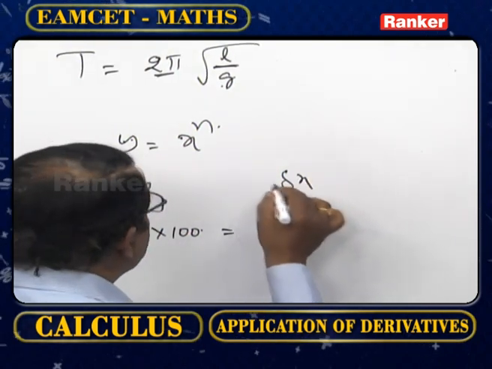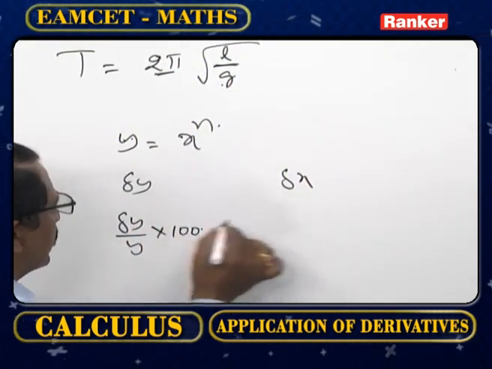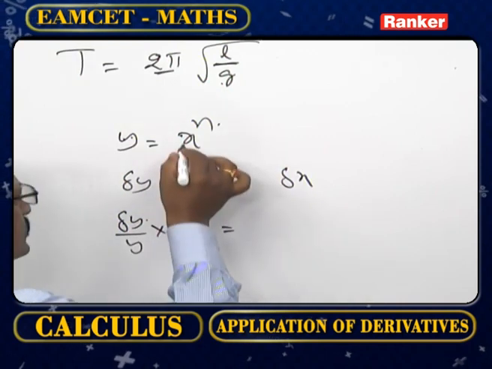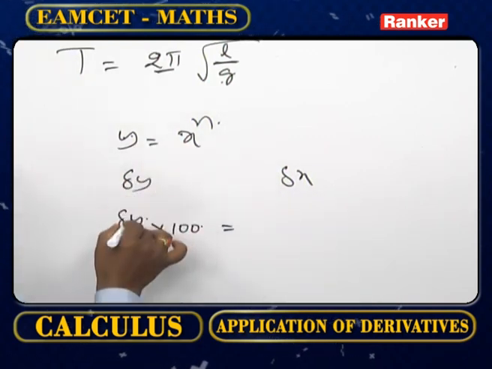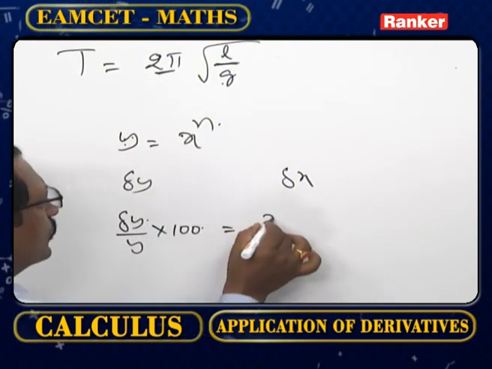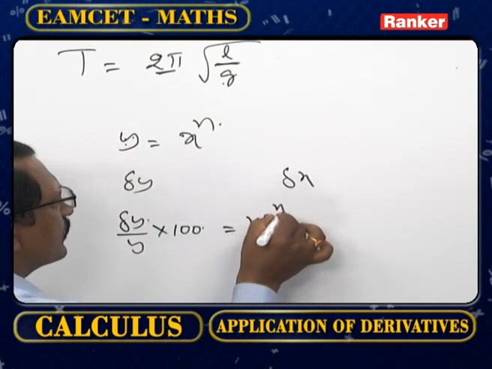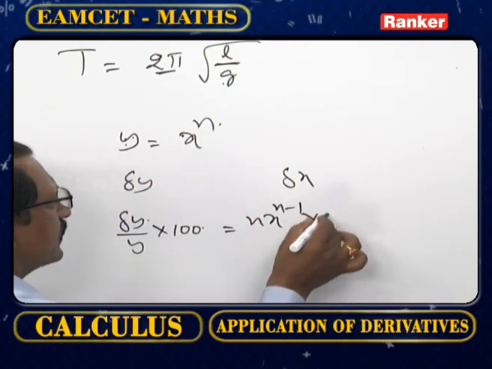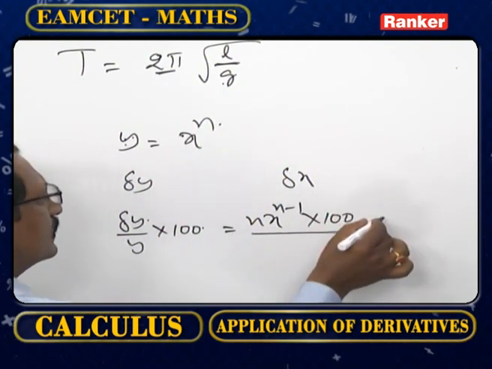Differentiating with respect to x on both sides, we get delta y equals n into x to the power of n minus 1 into delta x.